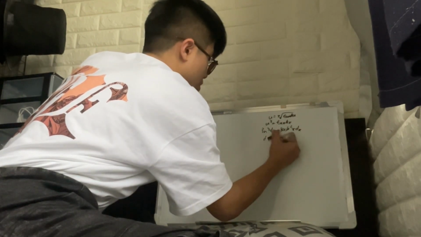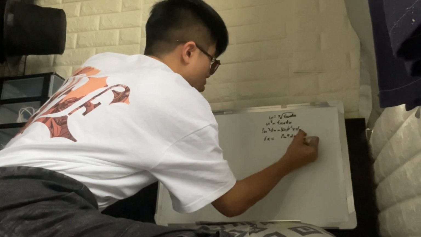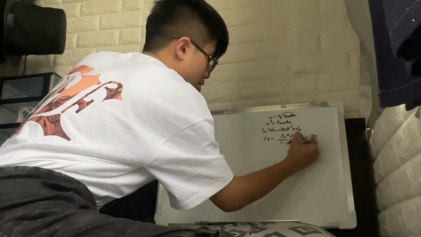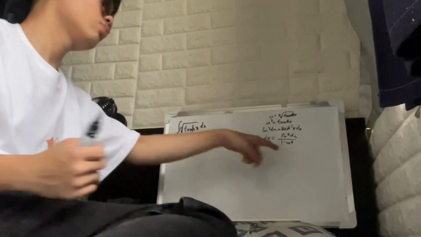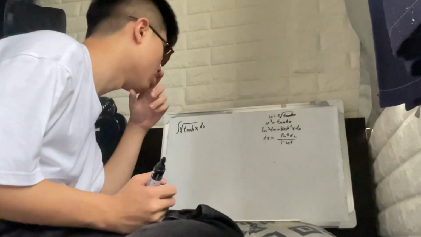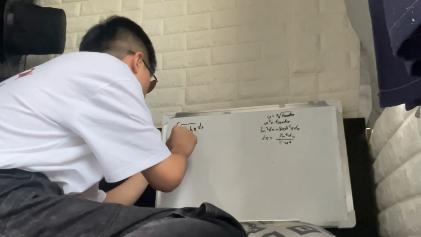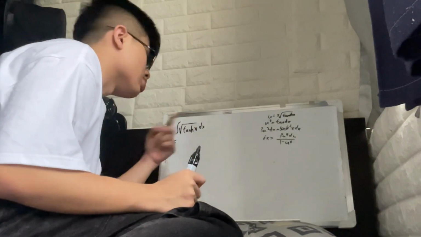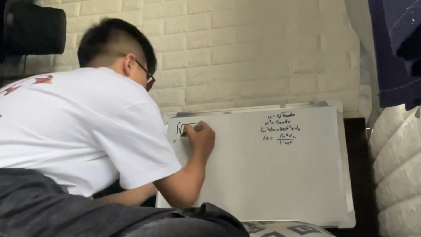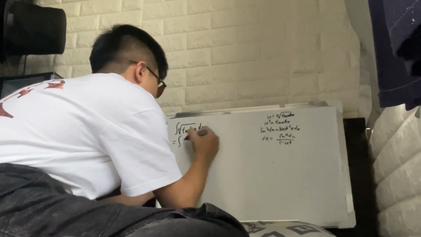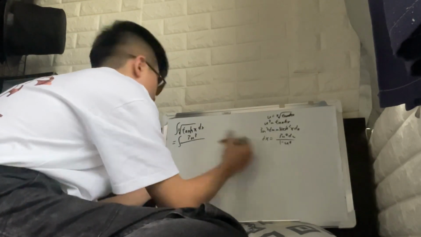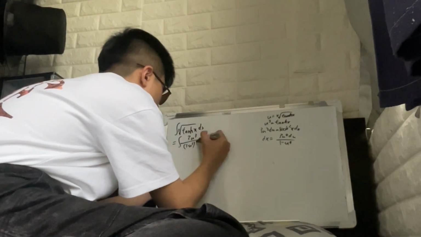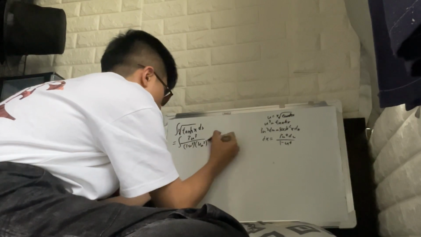So dx is just equal to 3u squared du over 1 minus u to the power 4. We've already done it. And then the original one is just u, so u times u to the power 3, and then factor it, you get 1 minus u squared times 1 plus u squared.